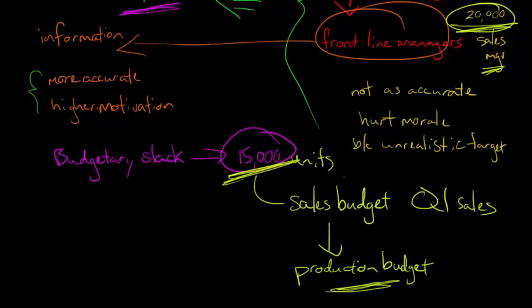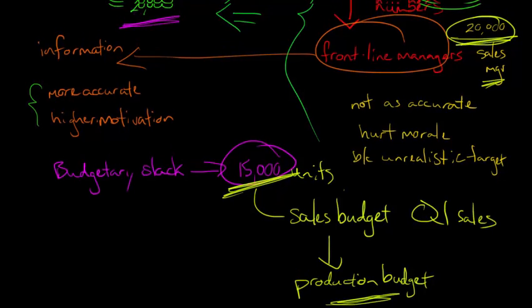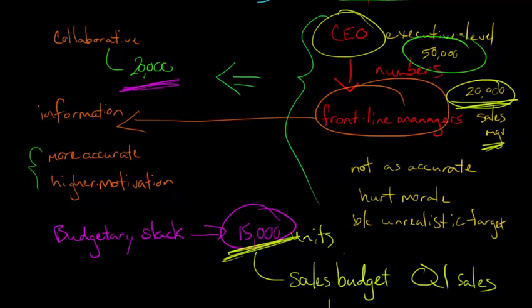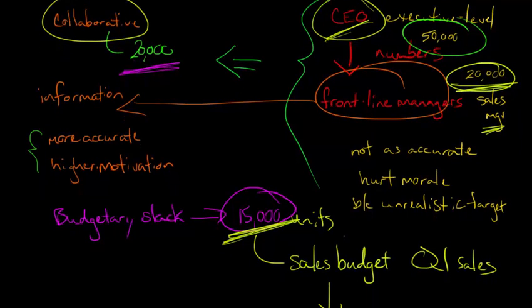So what you want in a perfect world is this collaboration, right? You don't want to just throw your hands up and say, no, we'll just go back to the CEO dictating to people what these numbers are. You want the collaboration, but you're going to need a little policing, a little bit of scrutinizing, right? So you need the CEO to come in and say, okay, look, I'm not just going to take every number that you give me at face value.